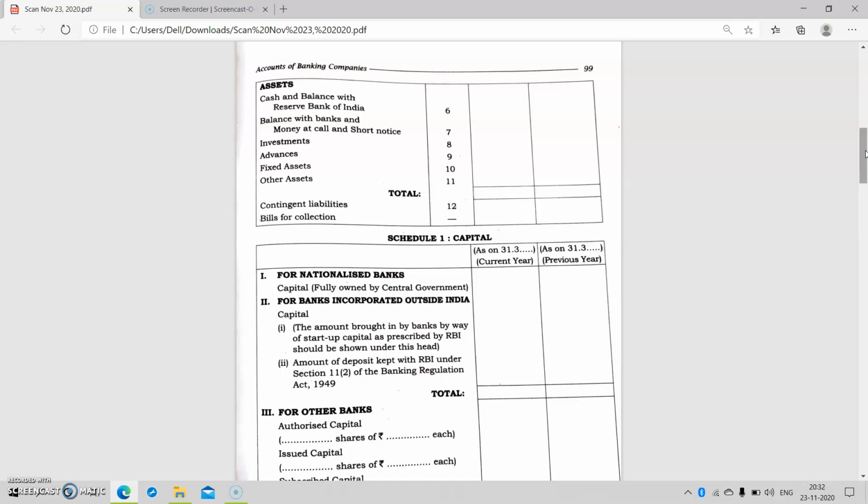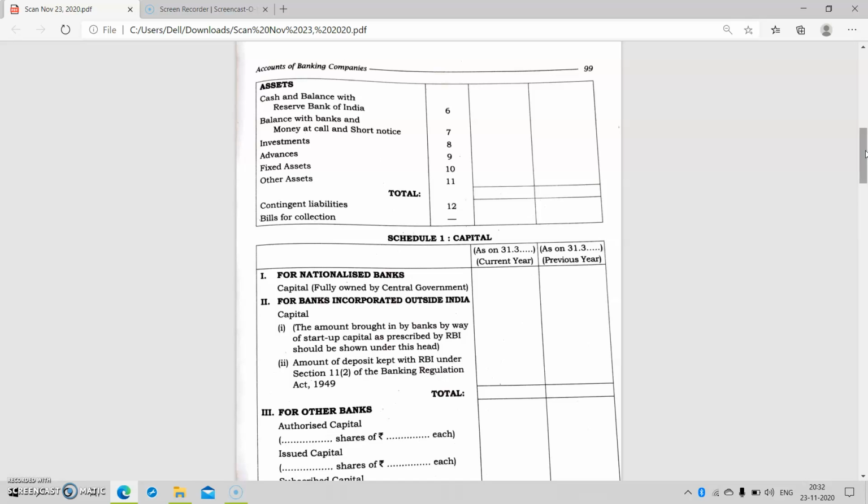And balance with banks and money at call and short notice: that is the balance of cash with other banks, that is, if other banks have borrowed from our bank. And money at call and short notice, we know it's a type of money market instrument, and this refers to the borrowings of banks from other banks in case of deficiency.